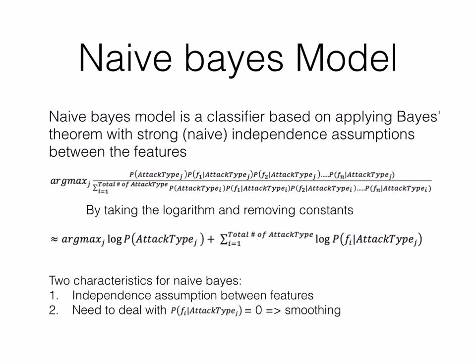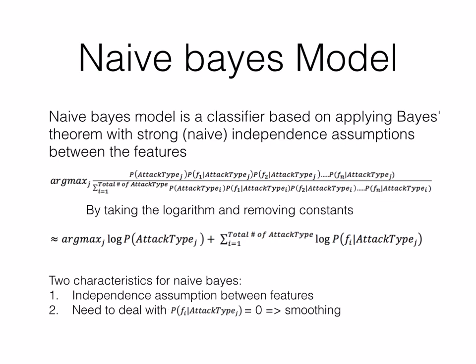As you can see, we are trying to maximize the likelihood of this equation, and we take a log on it. That keeps the result the same, and then you remove the constant, which is the bottom part, so you get an equation like this.